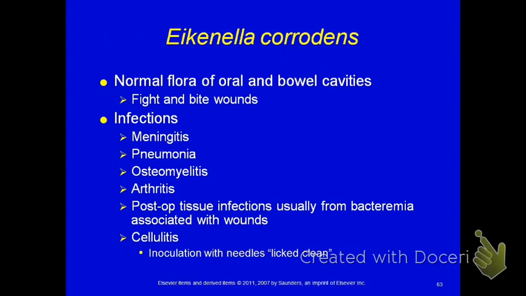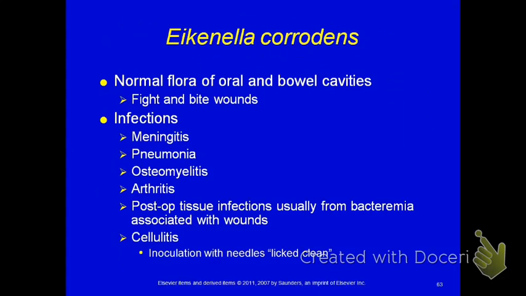And then, Eikenella corrodens. Normal flora of oral and bowel cavities. So, this is the fight and bite wounds. Imagine, if you're fighting with someone, then you try to bite them. You watch out, I have Eikenella corrodens. Okay. So, what will happen? Infections. Could result in infections.